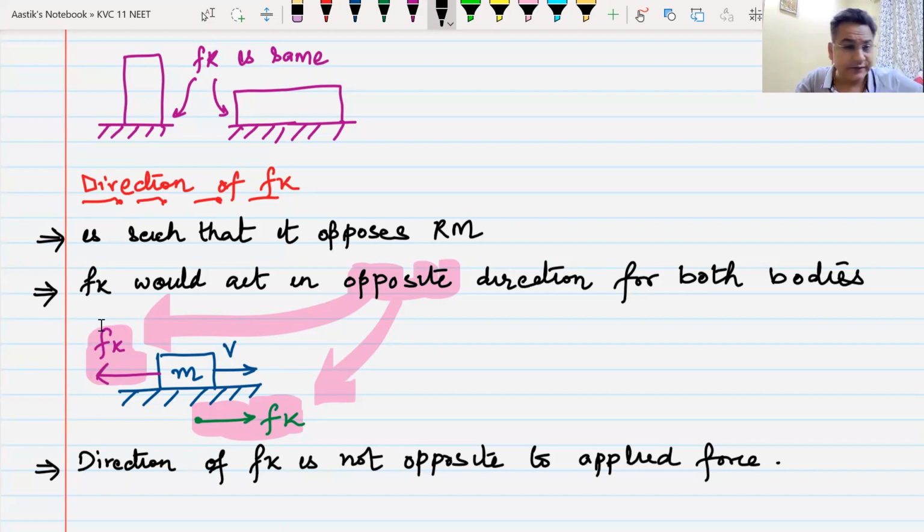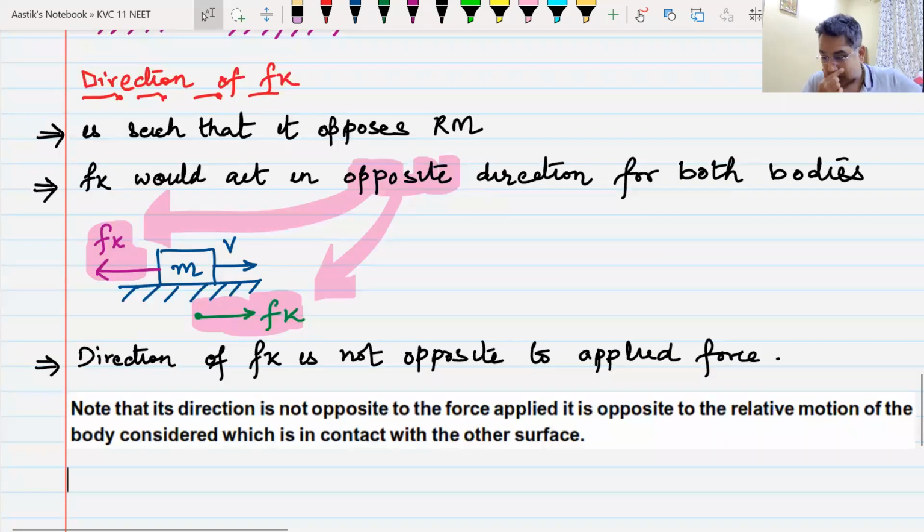Do we understand this? The direction of kinetic friction or any friction has got nothing to do with which direction you are applying force. It only goes in the direction which is opposite to the direction of relative motion. Do we understand this?